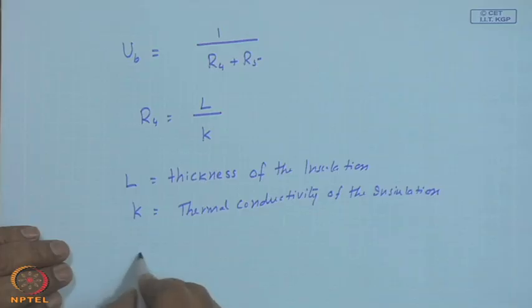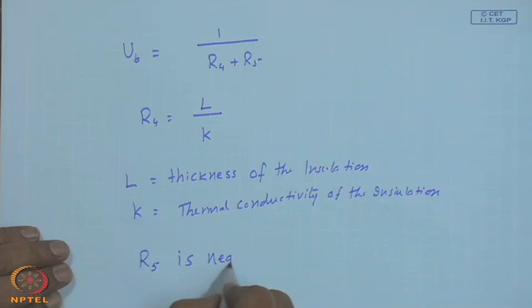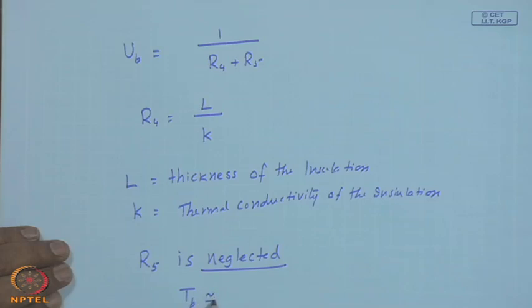And usually R 5 is neglected, because T b is pretty close to T a.